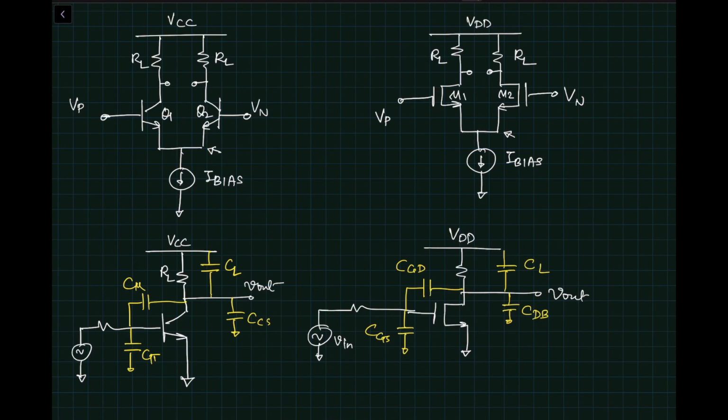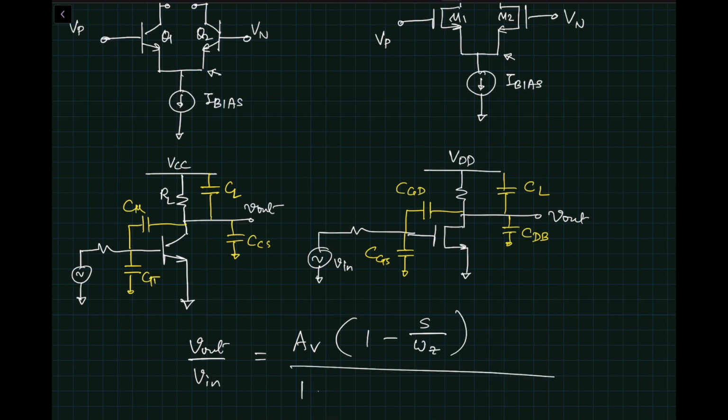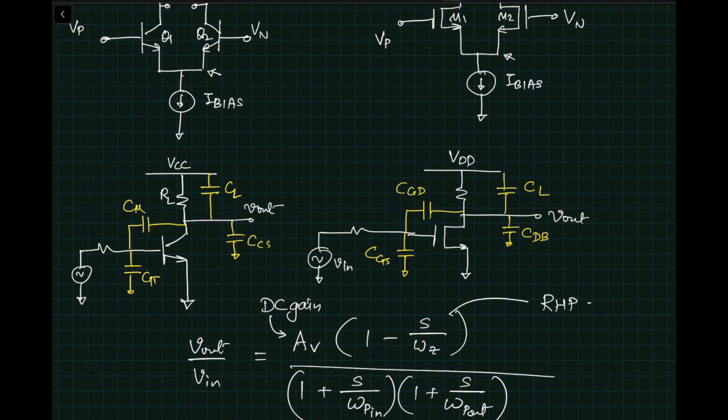So it's the same analysis that we did earlier, which gave us the equation V out divided by V in is equal to AV times 1 minus S divided by omega Z, divided by 1 plus S divided by omega P input and 1 plus S divided by omega P output. AV is the DC gain and 1 minus S divided by omega Z represents the right half plane zero.